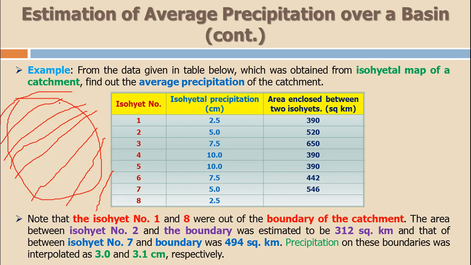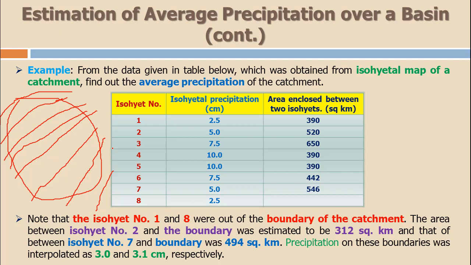Now isohyet number 1 and isohyet number 8, these two are outside of this catchment area. So we have to calculate all those isohyets which are inside the catchment. We are not interested in these two, so these must be removed.